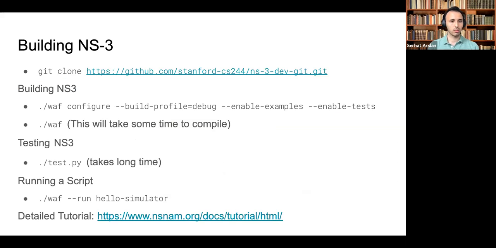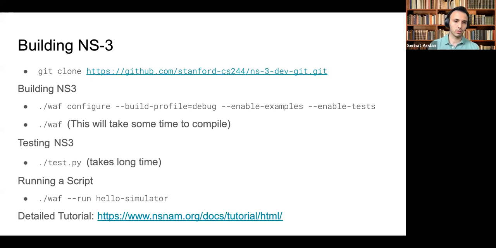So let's talk a little bit about how to build NS3. The original NS3 is maintained on a GitLab repository, but here, as you can see, I have provided a GitHub link. This GitHub link is for our class's organization, but actually it's a clone of the original NS3 repository.